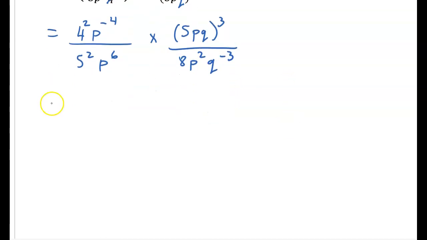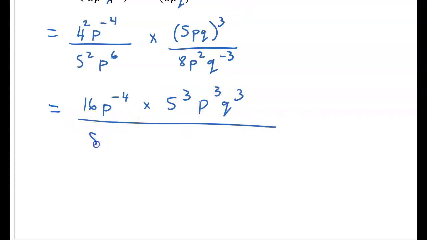Do one step at a time. So multiplying through like so, and then if we work out that 4 squared, we could work that out as 16 if we wanted to, and then we're timesing that by 5 cubed, p cubed, q cubed, and in the denominator we've got 5 squared times 8. Now I'm purposely not working that out because I'm noticing equivalence with the 5s here, and then we've got a p to the 6, just trying to group the numbers together, which is why I did the times 8 first.